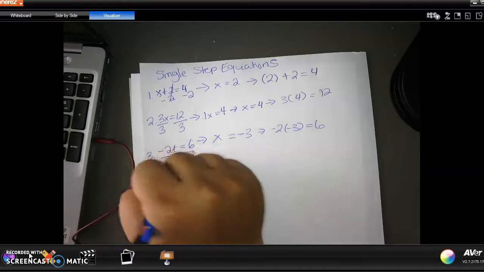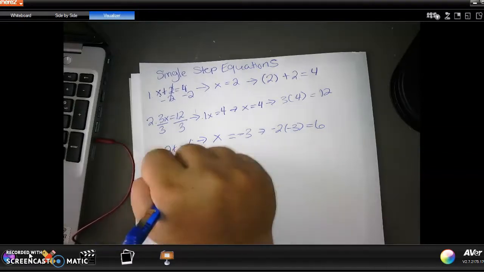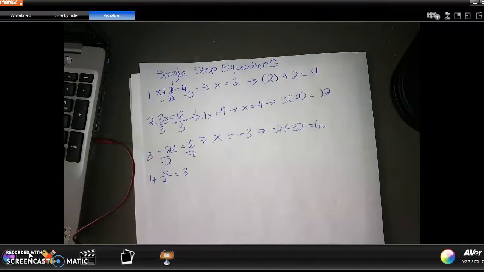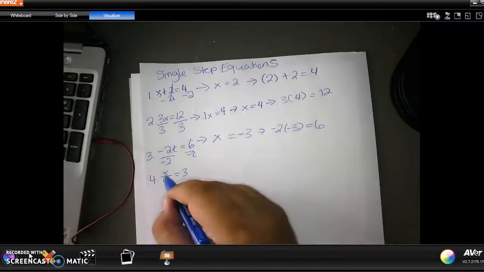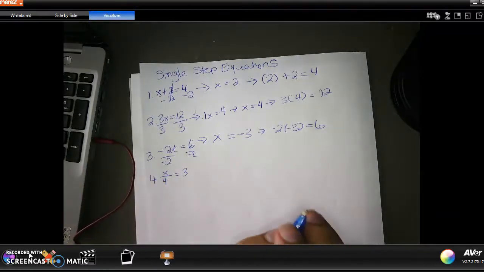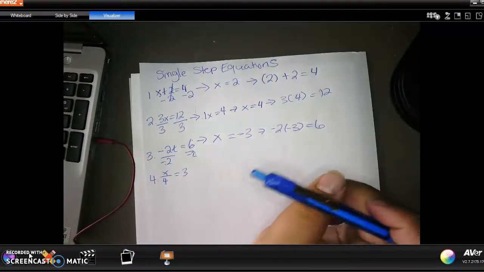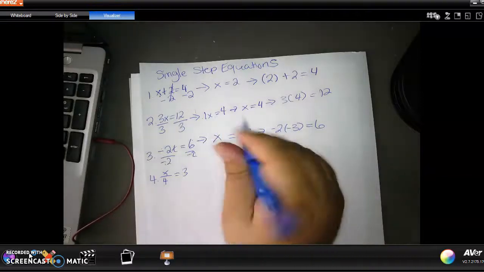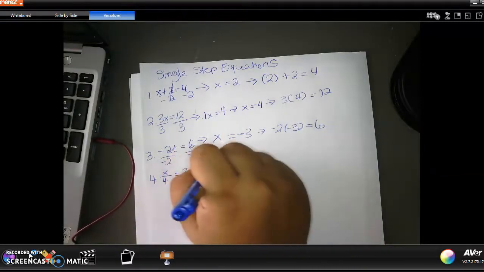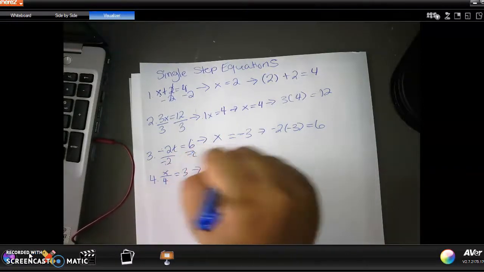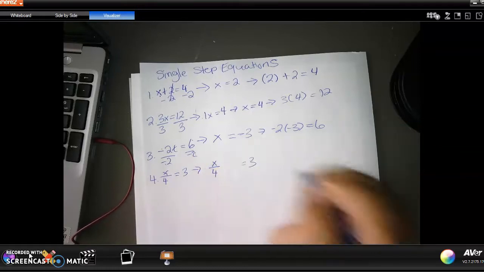x divided by 4 equals 3. Okay, so right here, I'm dividing. So I would want to do the opposite of that. Well, that's multiplying. Okay, so I'm going to write this over here where I have a little bit more room to show you guys. So I have 3.